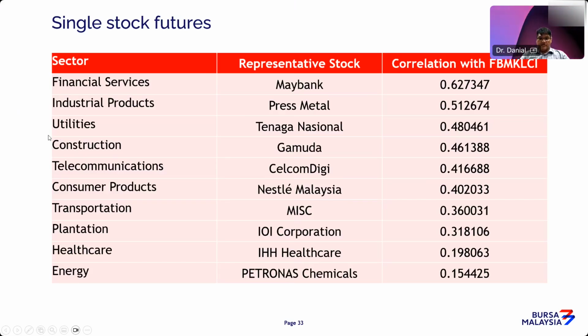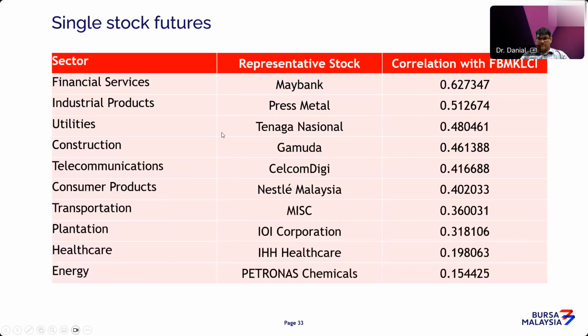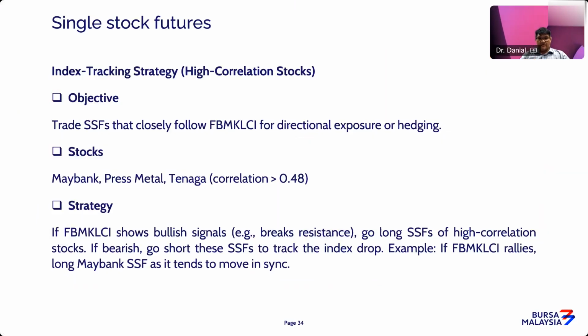All right, so how are you going to trade based on this information? First, consider an index tracking strategy. You can trade SSF. SSF reminds me of a furniture shop, but that's not it. This is single stock futures. Trade single stock futures that closely follow FBM KLCI, probably Maybank or Press Metal, for directional exposure or hedging.